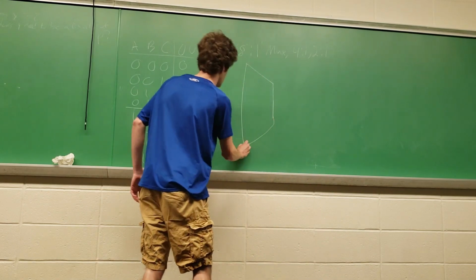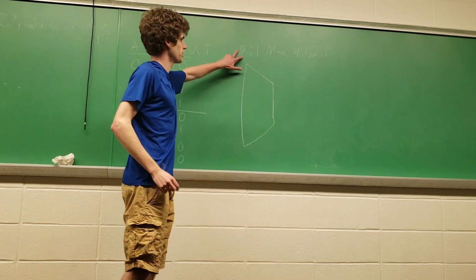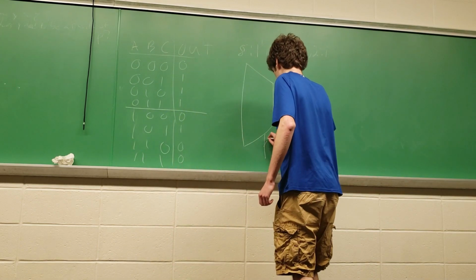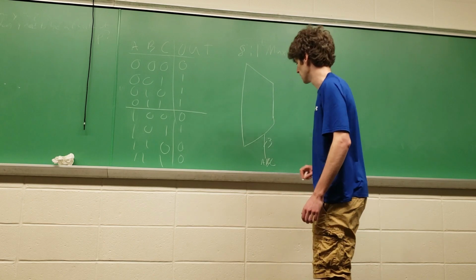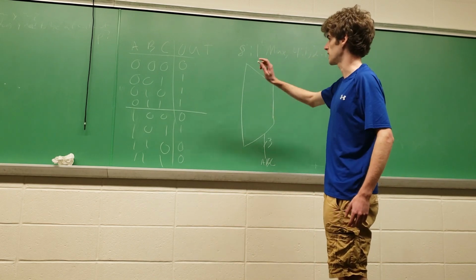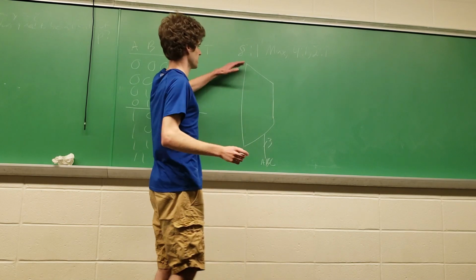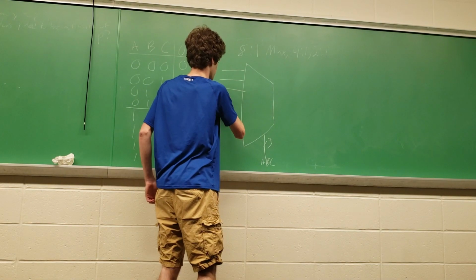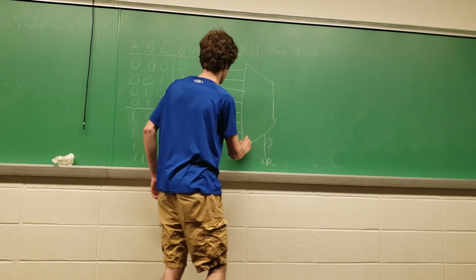I've got this mux here, and since it's an 8 to 1, it is going to have 3 selector bits. So I'm going to put that here, 3, and I'm going to say A, B, and C. Then we're going to have 8 input lines: 1, 2, 3, 4, 5, 6, 7, 8.